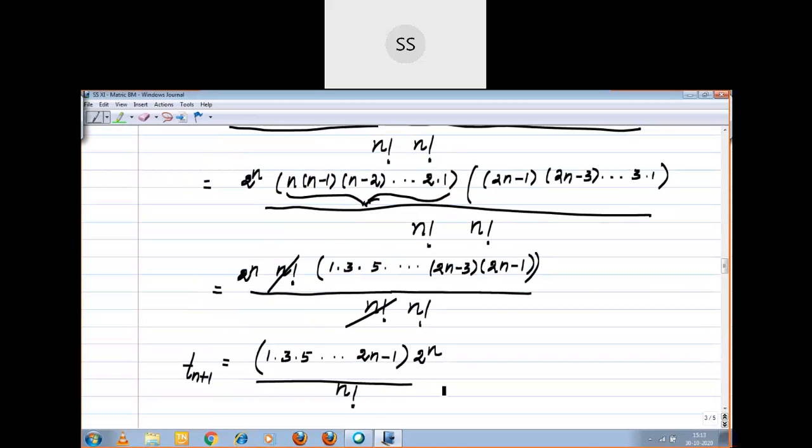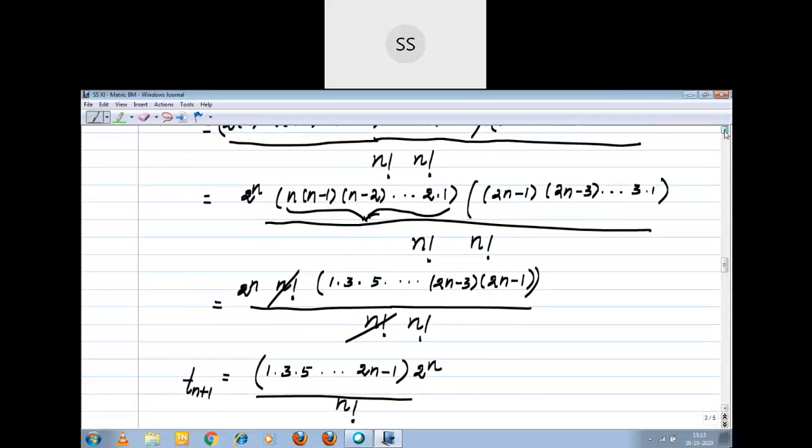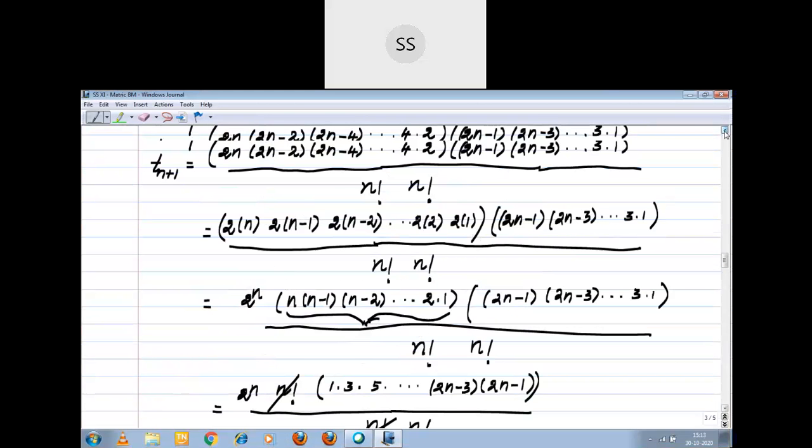Now what they are expecting that we prove, right? The term independent of x is what? 1 into 3 into 5, etc., 2n minus 1.